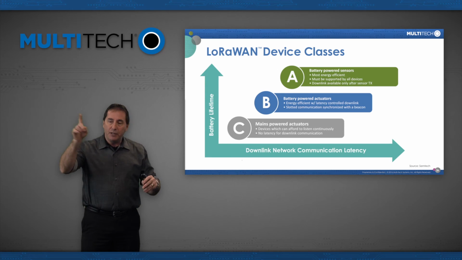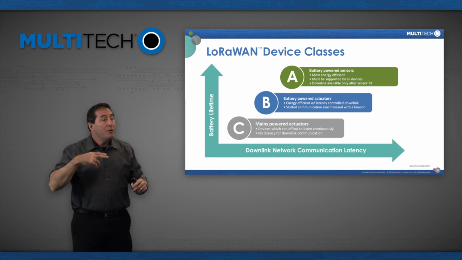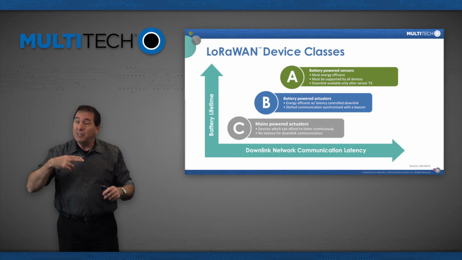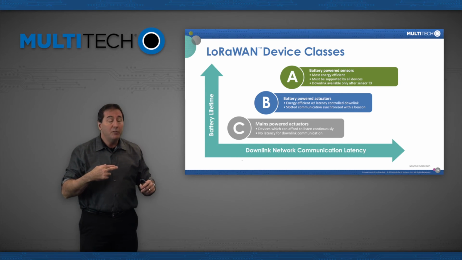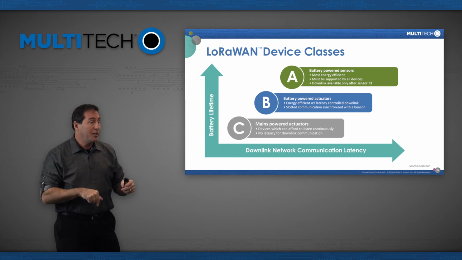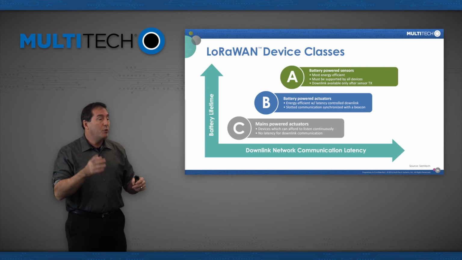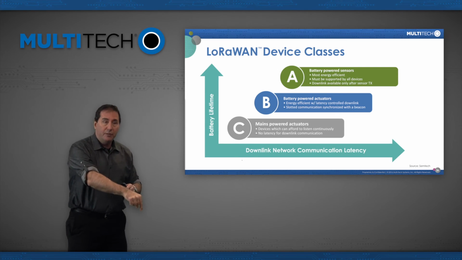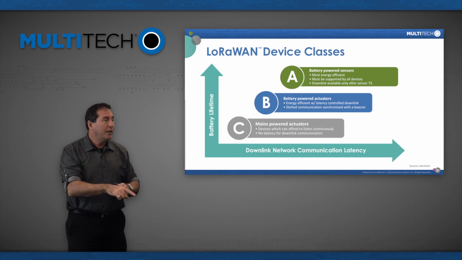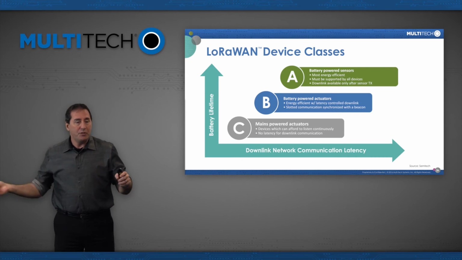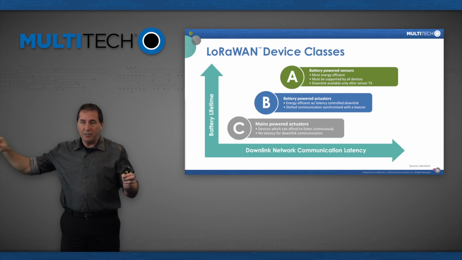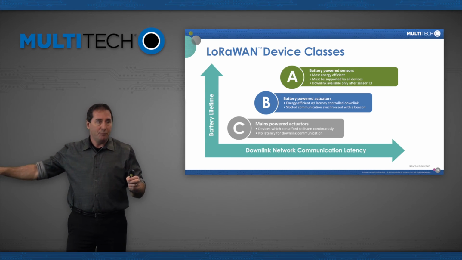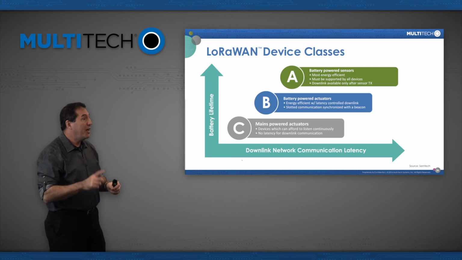It wakes up, it talks, it sends, it may wait for a response from the network, because this is a bidirectional protocol, and otherwise it will go back to sleep. The key thing is that the network cannot reach out to it. It's a lot like your cell phone, right? Actually, you can't just connect to your cell phone, it has to initiate the transaction. Similar thing for Class A.